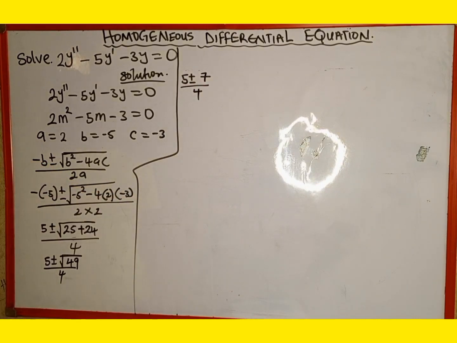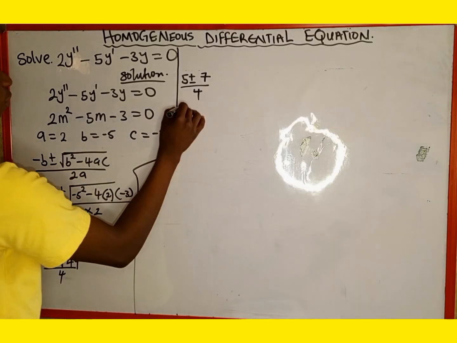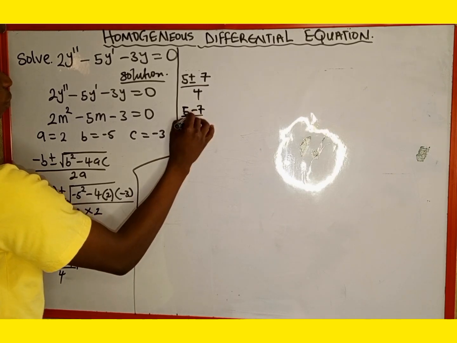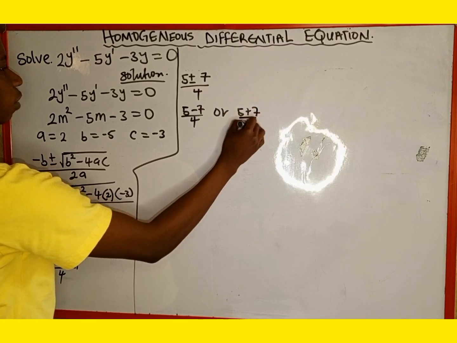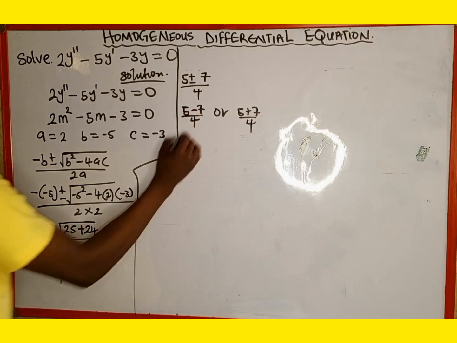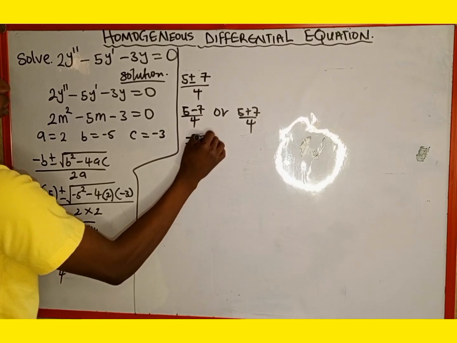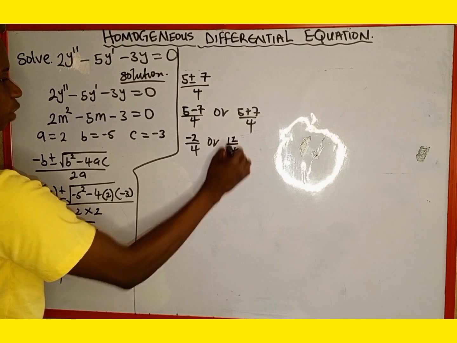So we are going to have two answers, because remember this is a quadratic equation. Its root is going to be 2. We are going to have 5 minus 7 over 4, or 5 plus 7 over 4. So 5 minus 7 is going to give us minus 2 over 4, or 5 plus 7 is going to give us 12 over 4.